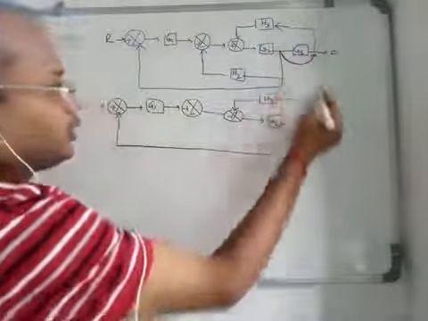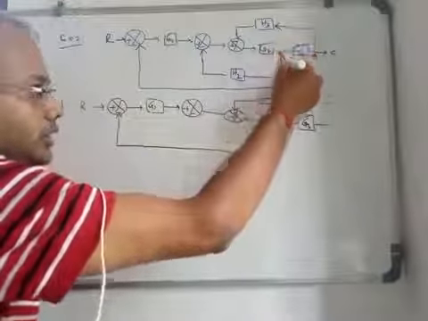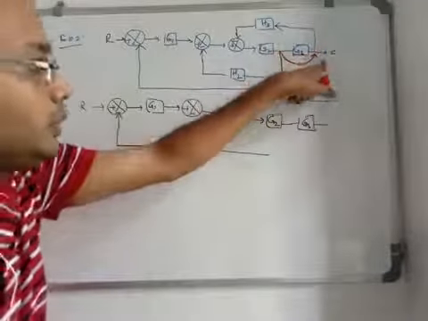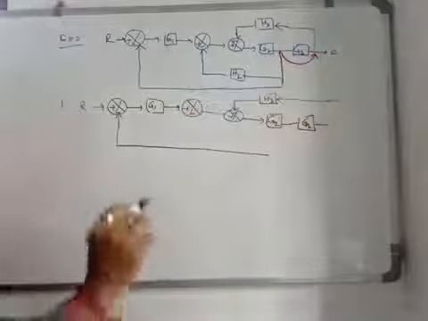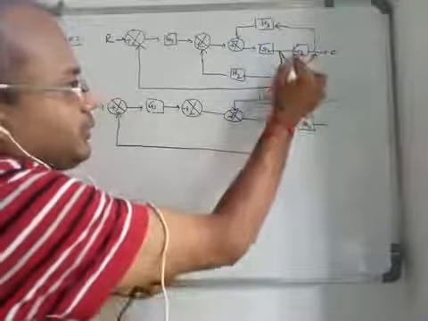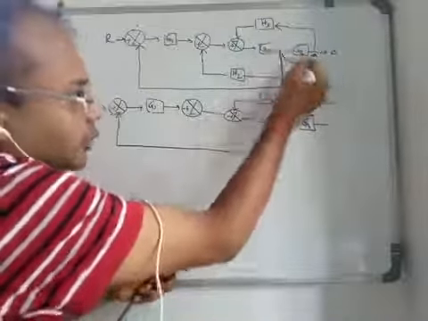So this block will be this takeoff point. This takeoff point means this path, right? So this path will be shifted to these positions, and you see, if this path is shifted to this position, what happens from the left hand side to the right hand side? That means this path will have gain 1 by G3.